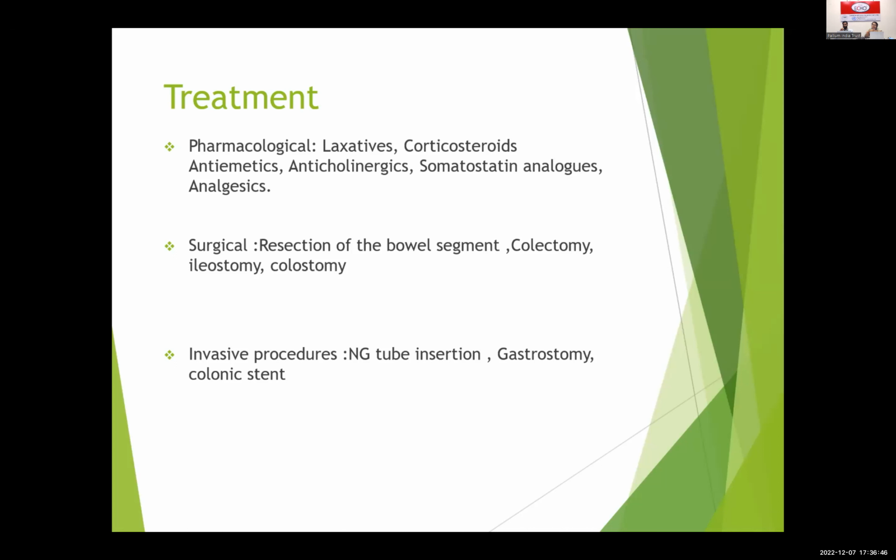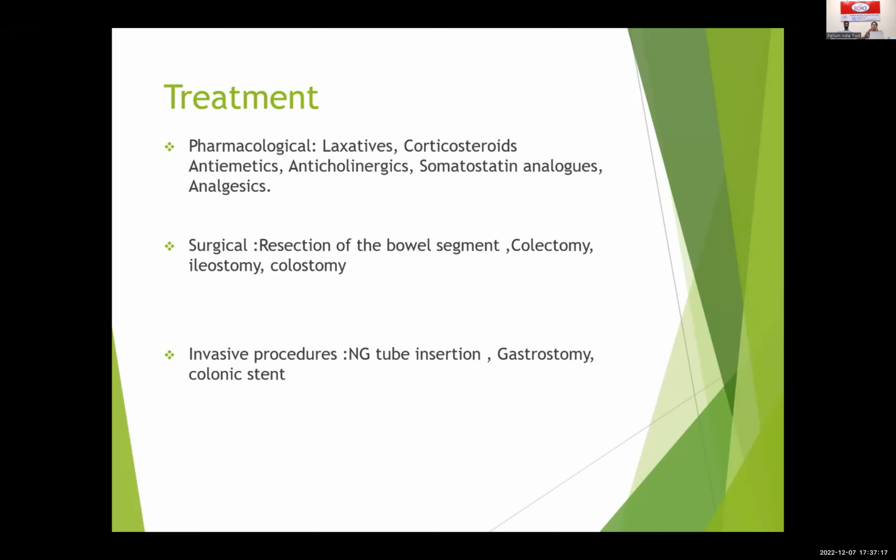And analgesics, definitely we prefer giving opioids, even though it can cause constipation. Here, we want the patient to be pain-free. We have other methods to manage his constipation. So we prefer using opioids here. Okay. So pharmacology management, you have your laxative, corticosteroids, antiemetics, anticholinergics, somatostatin analogs, analgesics. Is it clear?